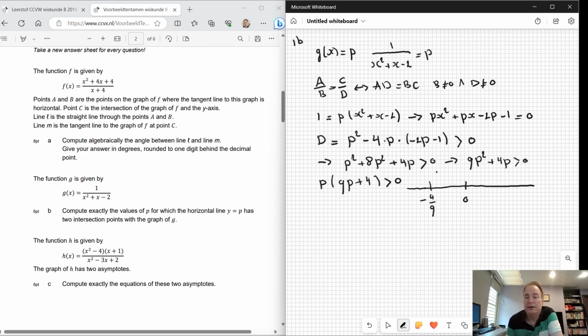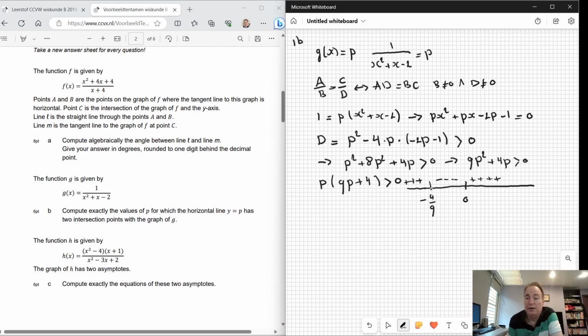So if p is very large, then this obviously is greater than 0. So you can say these are pluses. This has to be negative then, and this has to be positive.